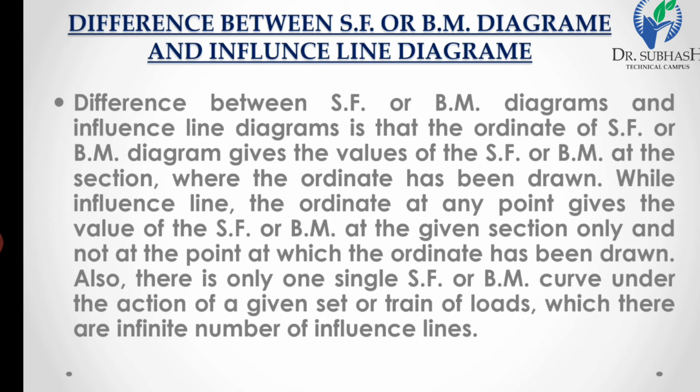That's why this is a graphical representation. Our load is repeatedly moved, and that's why the coordinates are drawn. Also, there is only a single shear force and bending moment curve under a given set of train loads, whereas there are infinitely many influence lines for the ordinates used to find the shear force and bending moment.